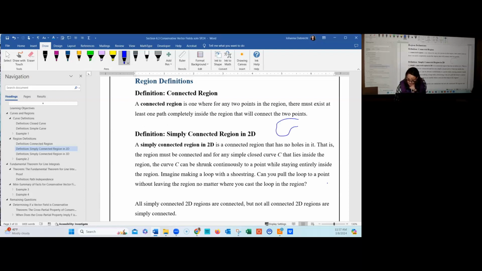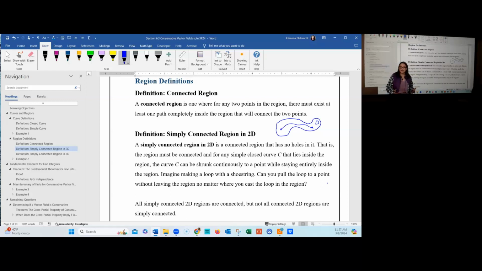So let's take a view of a region here. Let's call this region D. And let's suppose I have 2 points in it. To be a connected region, I have to be able to get from point 1 to point 2 without leaving D. And that makes it a connected region.